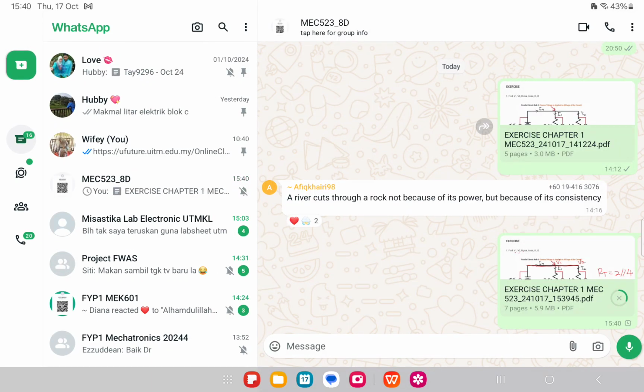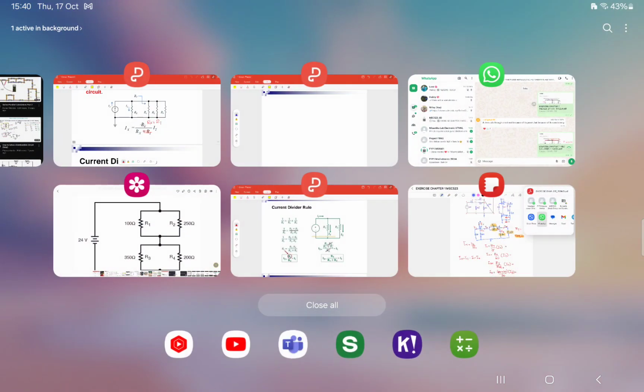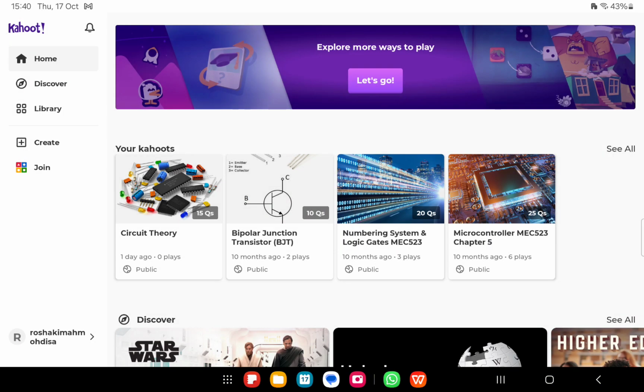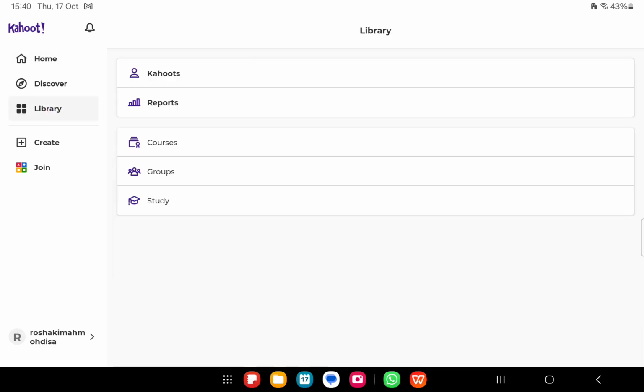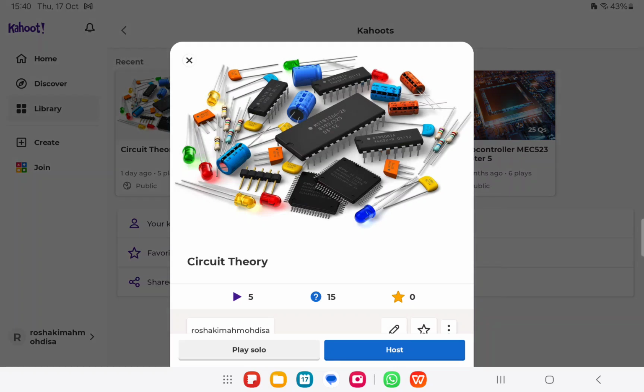Remember yang stage, bukan stage lah, yang sheet belakang tu untuk explanation yang dalam slide. Okay. Pakai Kahoot.